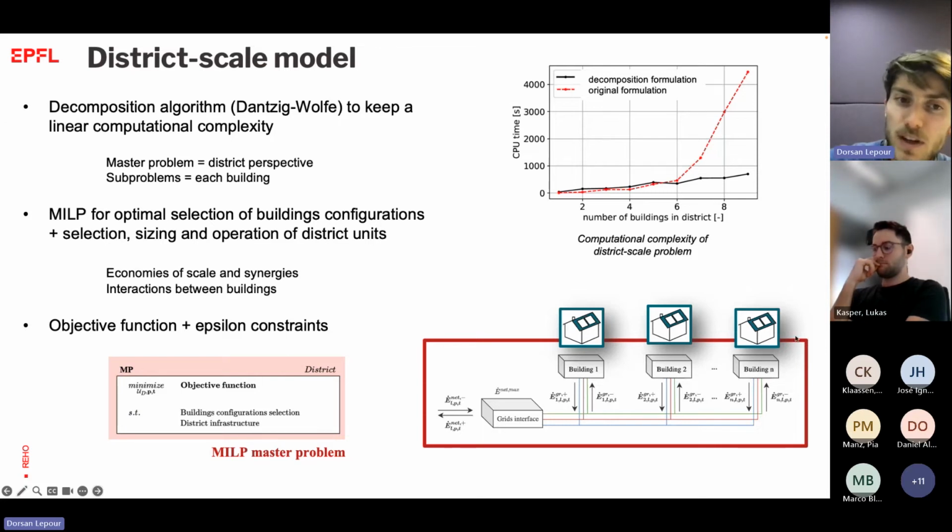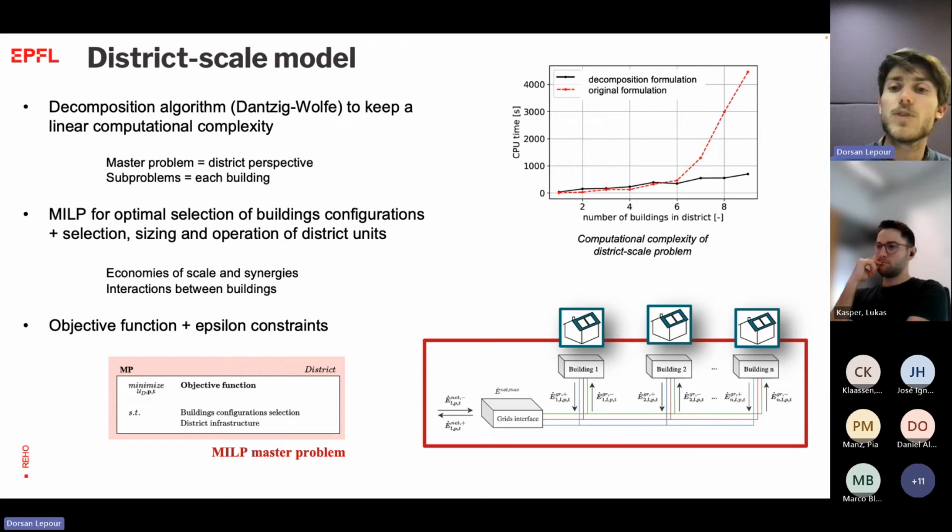The design proposals are sent to the master problem, where the master problem is in fact from the district perspective, so from the exchange interface, for example, the electrical transformer or the connection for the district heating network.